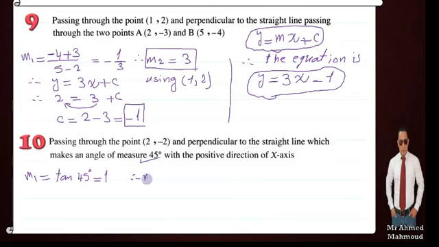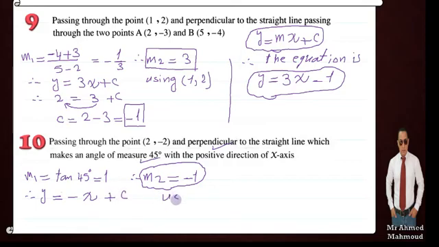Therefore m2, because they are perpendicular, equals, change the sign and upside down, negative 1 over 1, which is negative 1. This is m2. Okay, this is the required m. Therefore y equals negative 1x plus c.